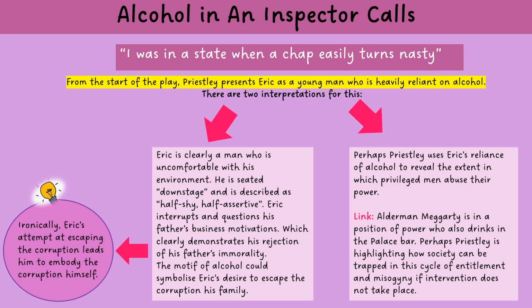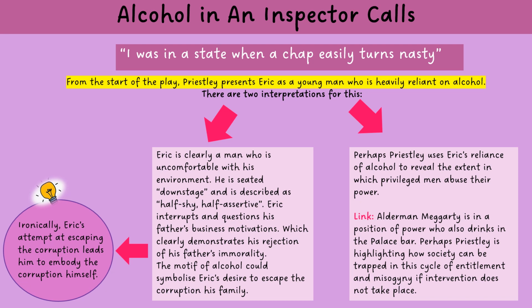And he also questions his father's business motivations when he says things like, "What about war?" And "He could have kept it on instead of throwing her out." So we can see this idea of Eric constantly fighting against the corruption of his father.